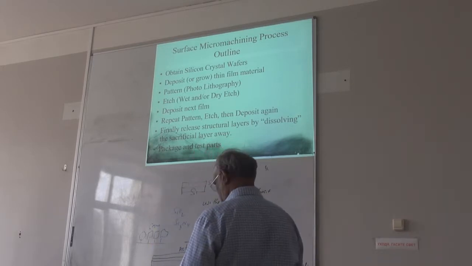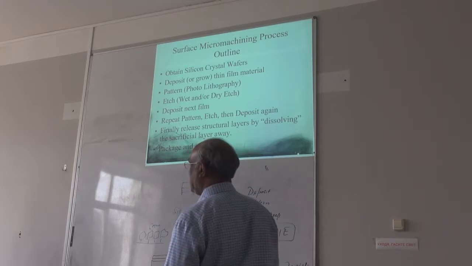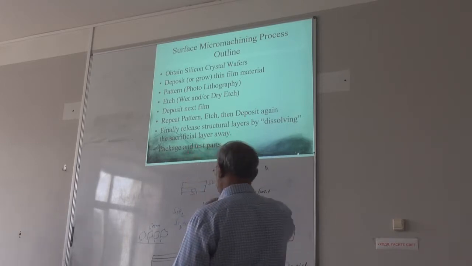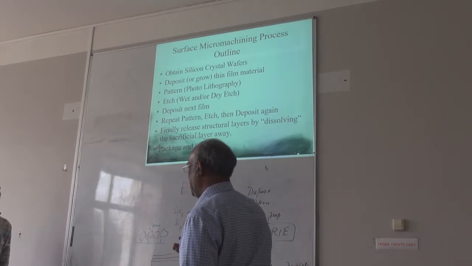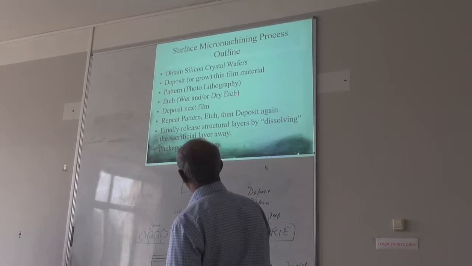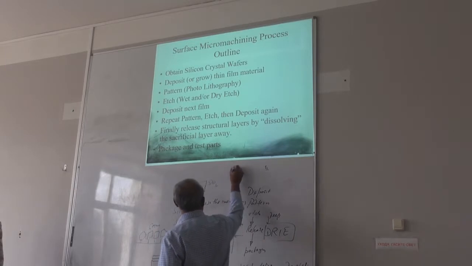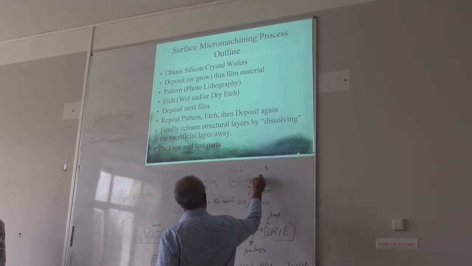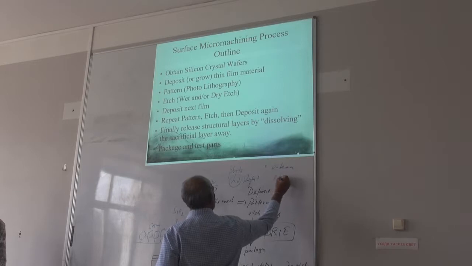Then we do the patterning. Pattern means whatever shape you need. We can use photolithography, which is mostly using light, or you can use E-beam lithography using electrons.